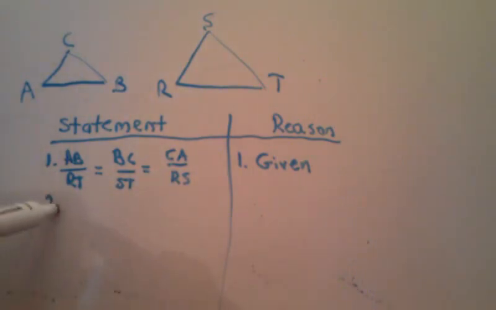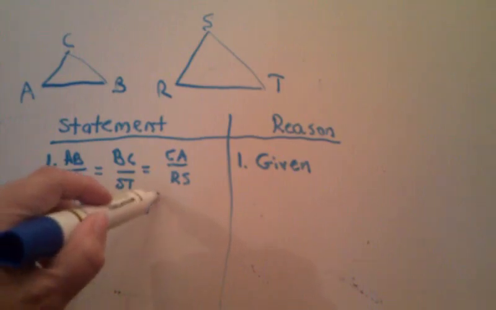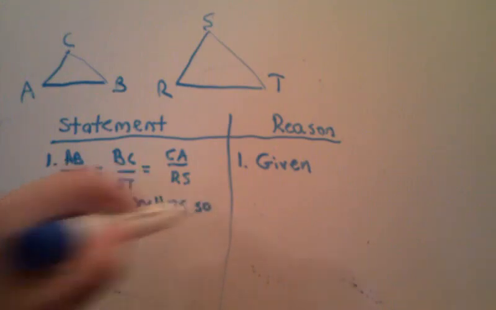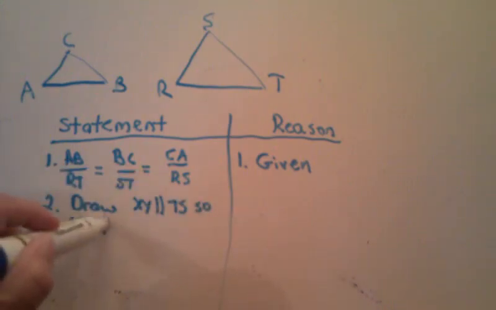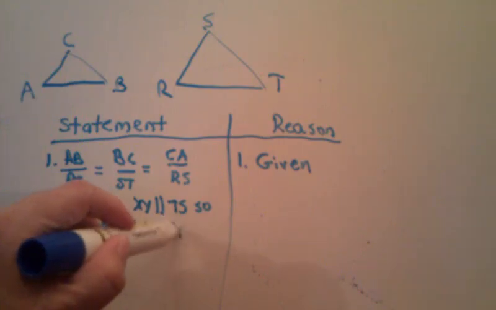Number 2, I'm going to draw... I've just never seen them do it this way before, so that kind of threw me, but it's okay. It says draw XY parallel to TS so that CA equals XR.